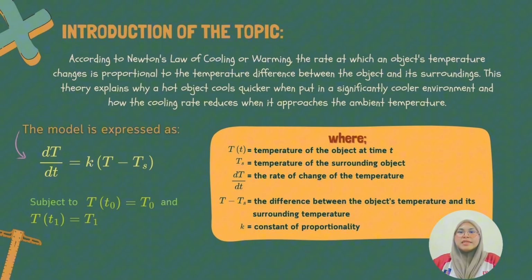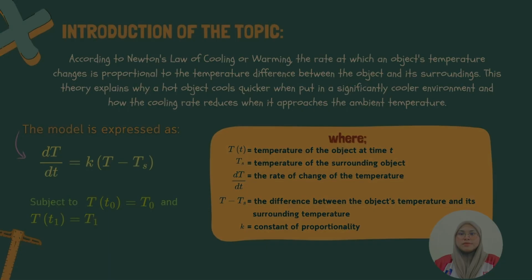The term T - Ts indicates the difference between the object's temperature and its surrounding, and k is a constant of proportionality. The equation is considered together with initial conditions such as T(t0) = T0 and T(t1) = T1, which specify the object's temperature at given moments.